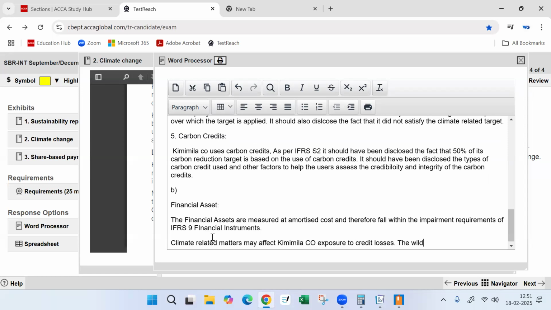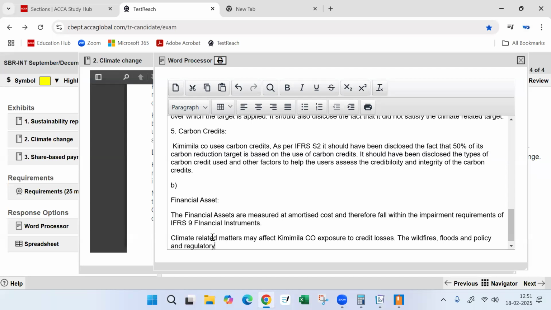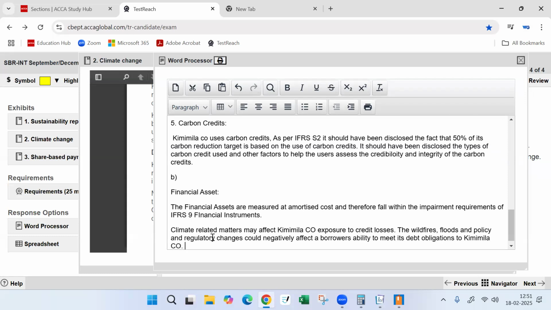The wildfires, floods, and policy and regulatory changes could negatively affect a borrower's ability to meet its debt obligations to Kimimila company.